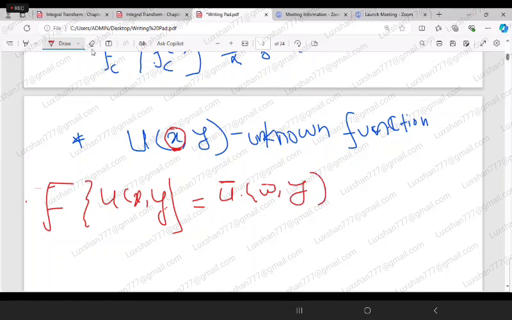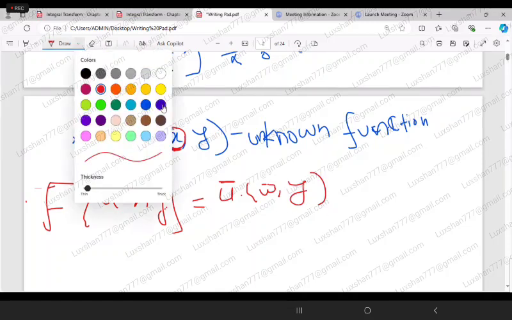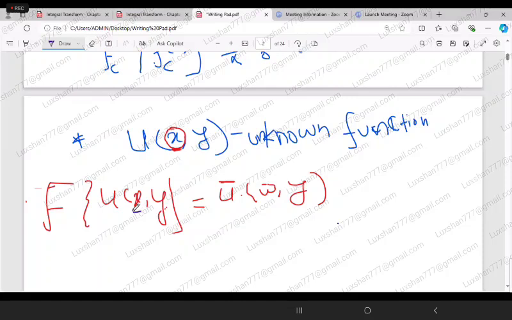There's no change in y. We only make changes in x because x is the primary variable. So we are taking the Fourier transform with respect to x. Then in the place of x, we get omega, and here the function is u. Therefore, we get the Fourier transform of u as u bar.